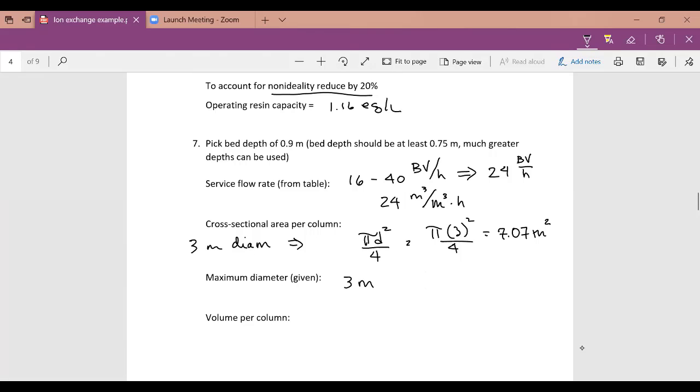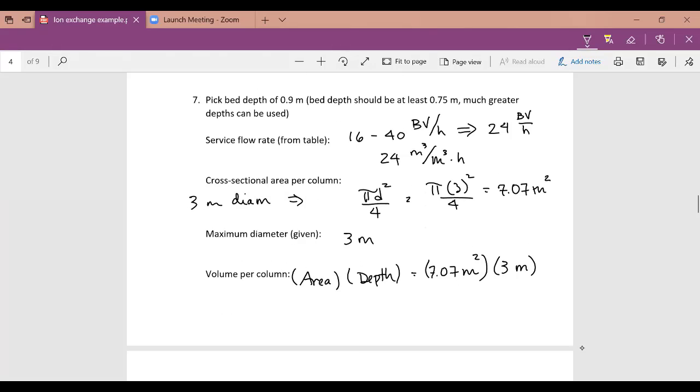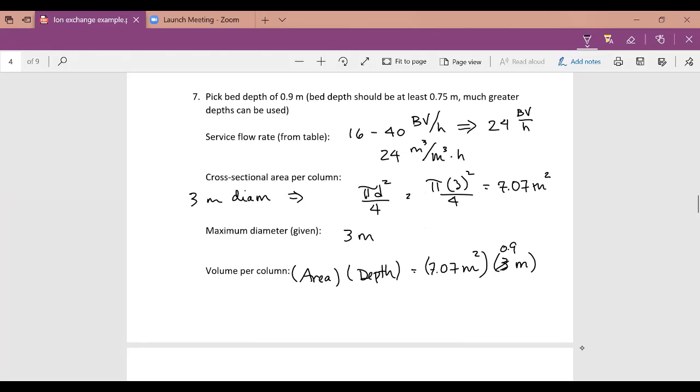So the volume is just the area times the depth. So that is 7.07 meters squared times the 3 meter depth. I'm sorry, times the 0.9 meters depth. Sorry, that's what we said we were using. And that is equal to 6.36 meters cubed. So that's the volume per column.